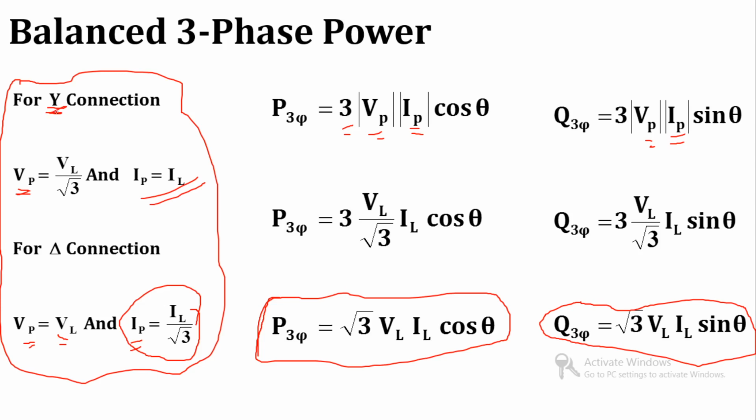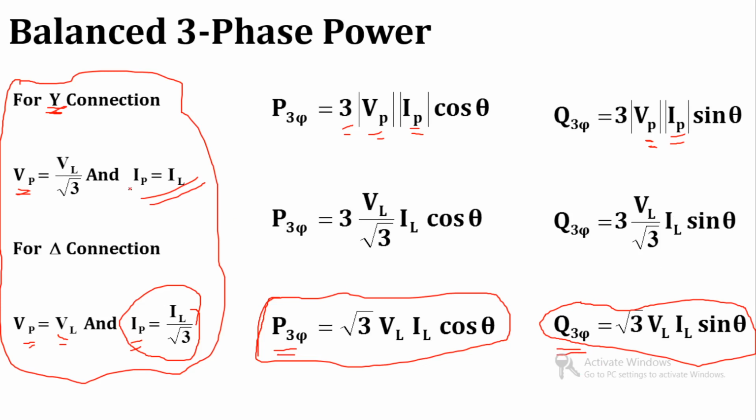Now you can check for delta connection also. You will put Vp equal to VL and Ip equal to IL by root 3. Then also you will get the same equation. And for reactive power, you will put Vp equal to VL and Ip equal to IL by root 3. Then also you will get the same equation of P 3-phase and Q 3-phase.